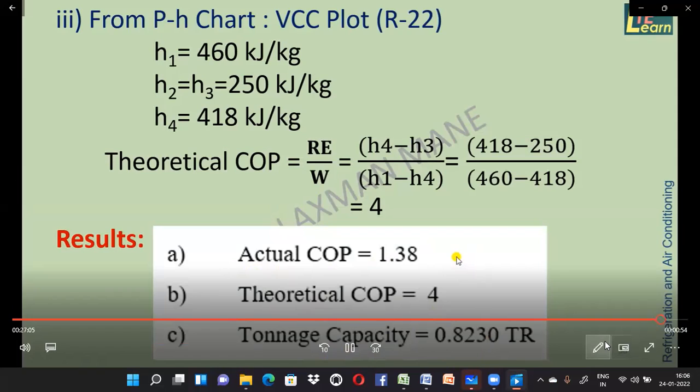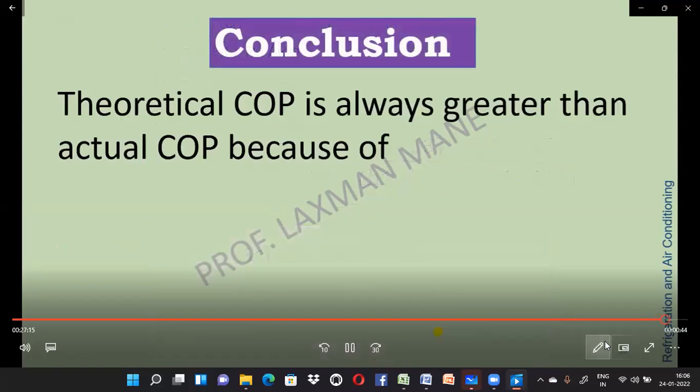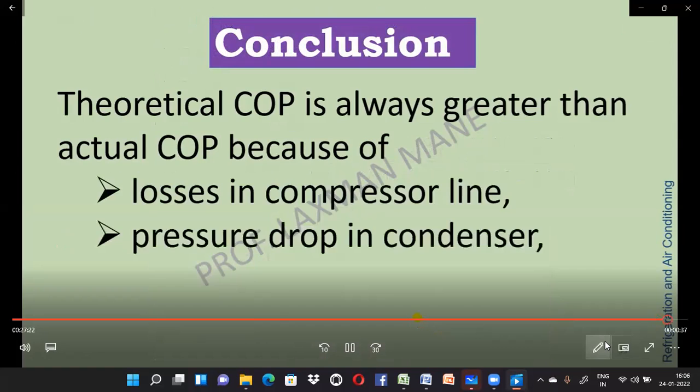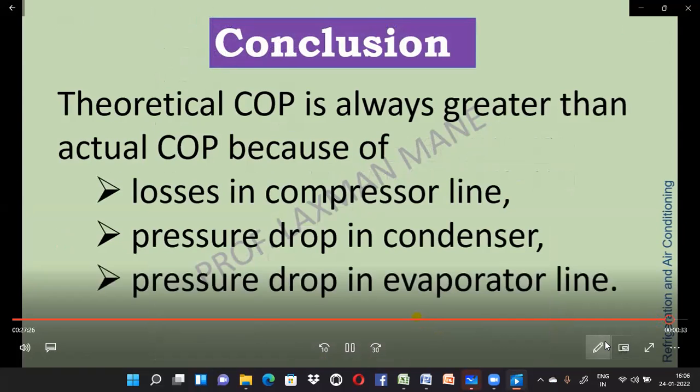If we observe here actual COP and theoretical COP, then we find that value of actual COP is less than theoretical COP because of losses which occurs in compressor line, pressure drop occurs in condenser line, and pressure drop occurs in evaporator line.